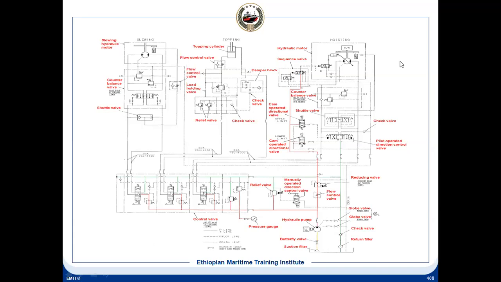Yes. Depending on the trading area, suppose it is an ice class ship, then you will be having a heating system. And suppose you don't have a heating system, then what do you do? You run it for some time before operation, maybe 1 hour before you start. Then it will circulate through the system, and once it circulates, heat is generated and you can get the right viscosity of the oil.